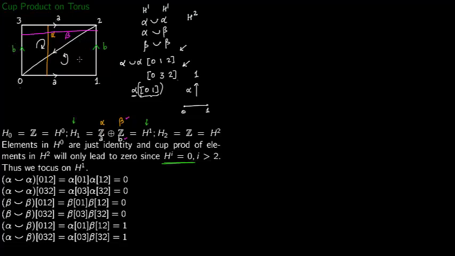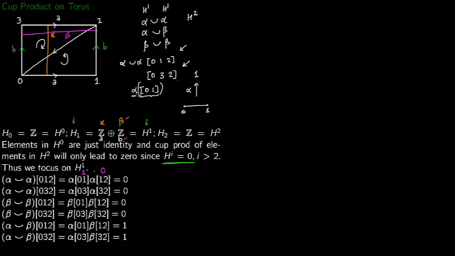So let us focus on this triangle first, 0 1 2. So alpha cup alpha on 0 1 2. So alpha of 0 1, alpha acting on 0 1, this is just 1. Alpha acting on 1 2. Now alpha does not act on 1 2. See, alpha is this rust line. It is not touching 1 2. So when alpha is not touching 1 2, it is just 0 here.